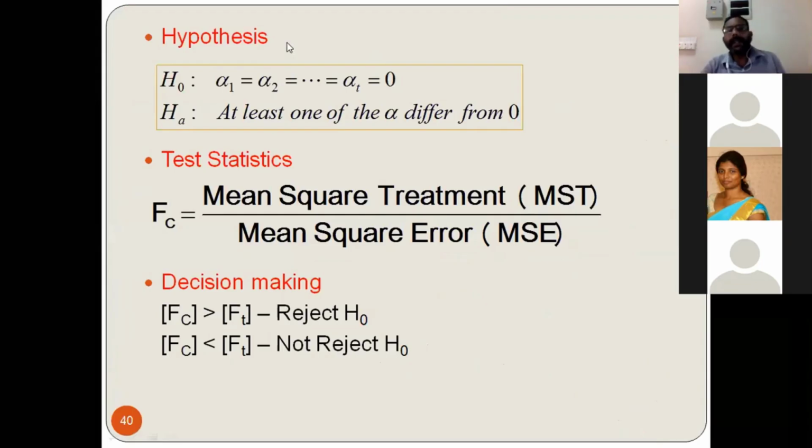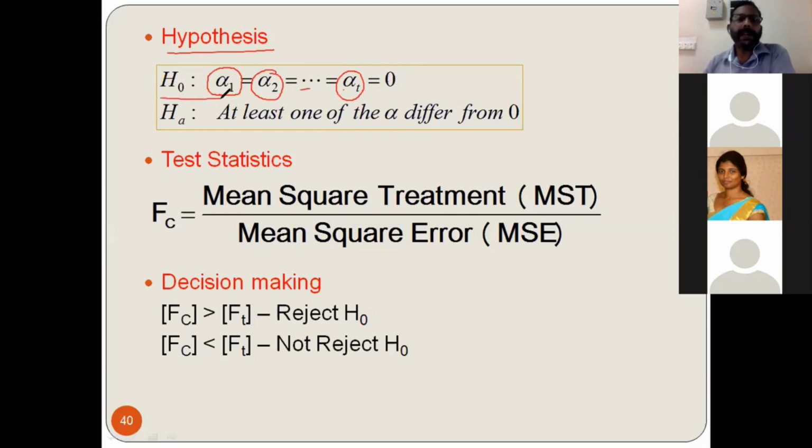To make the decision, we'll have to have some format. What are those formats? First thing is, what is our hypothesis? We said this is the first treatment effect, second treatment effect, and so on. This is the last treatment effect. These treatment effects are equal to 0.